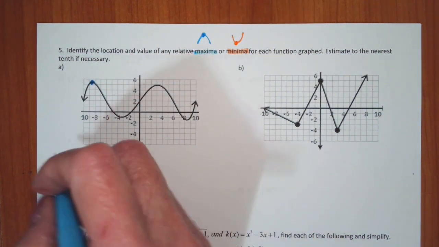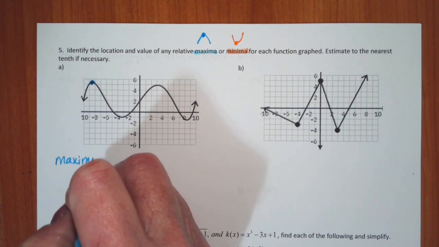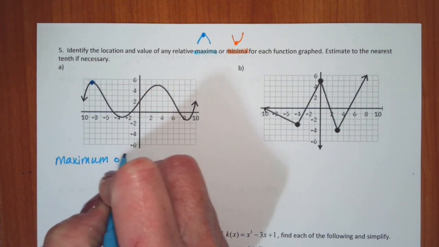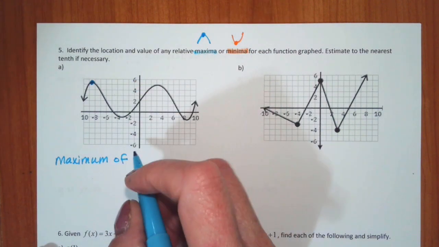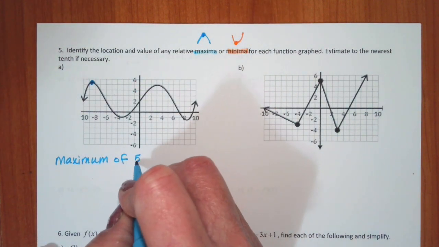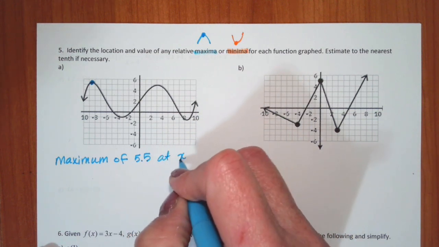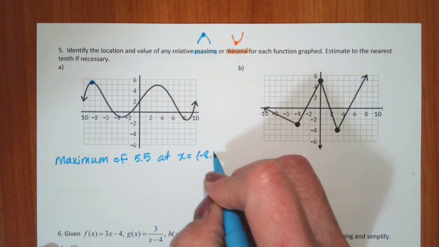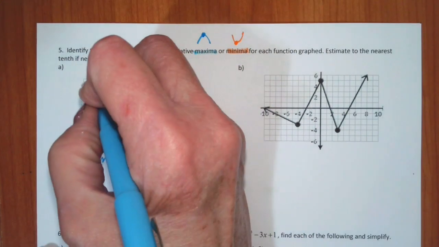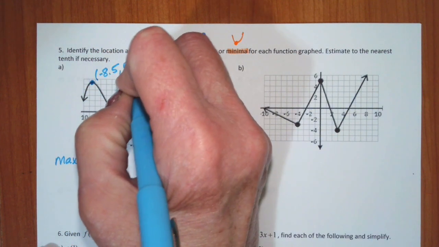Okay. So there is a maximum of, let's see, that looks like 5.5, I guess. At x equals, and we'll call that negative 8.5. So this is the point, negative 8.5, 5.5.